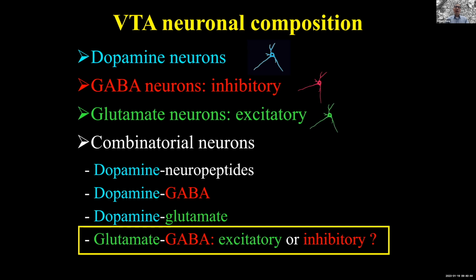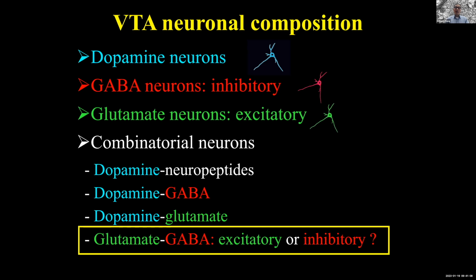The VTA is heterogeneous. Previously, research mainly focused on dopamine neurons, then GABA neurons for inhibitory function, and glutamate neurons for excitatory function.